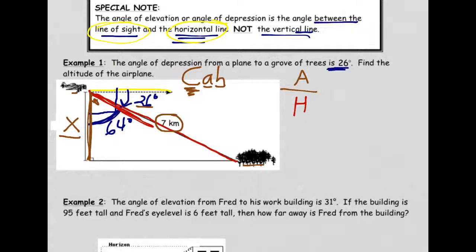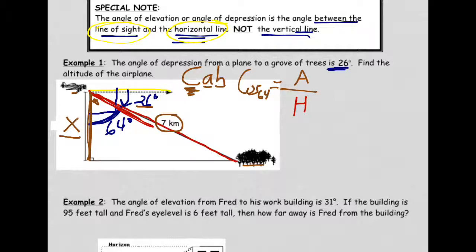Okay, so the cosine of 64, because remember, our angle over here is 64 degrees. So cosine of 64 equals adjacent over hypotenuse.